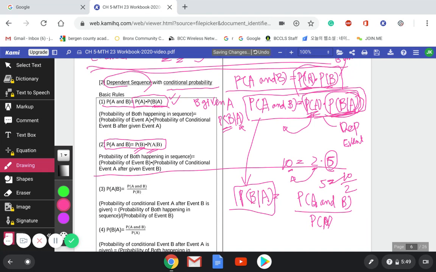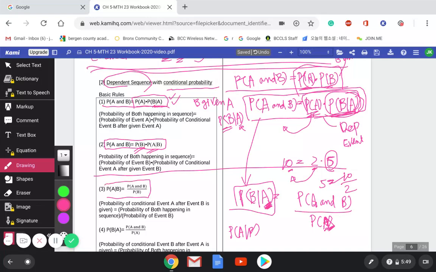You can relate it that way. And if they are looking for probability of B given A, then it would be probability of A and B divided by probability of A, because event A has to happen first. Does everybody understand that? So that's the mathematical expression.